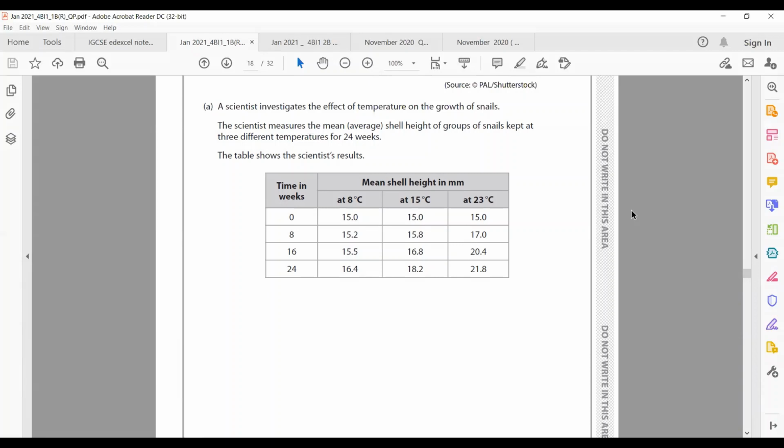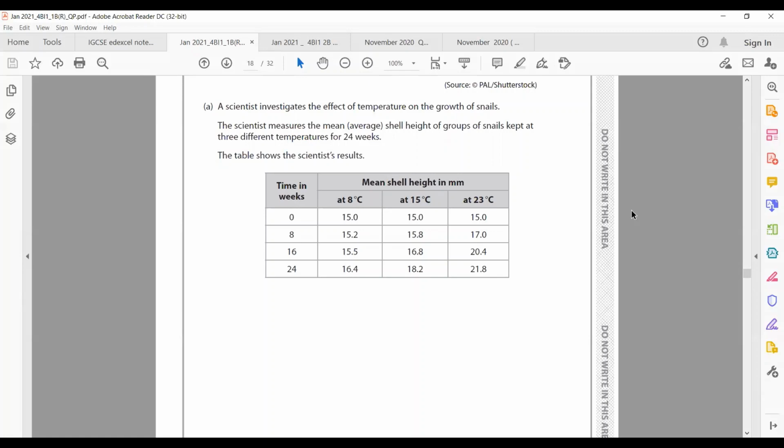Just a second. The mean shell height. So what's on the y-axis? On the y-axis, will it be the mean shell? No, on the y-axis, it will be the time in weeks. On the y ولا on the x? On the y. طيب هقول لك حاجة.